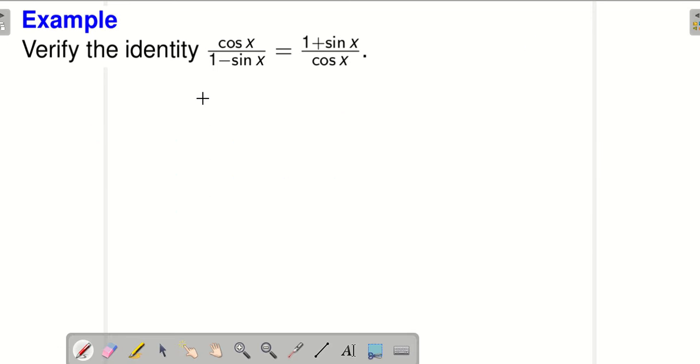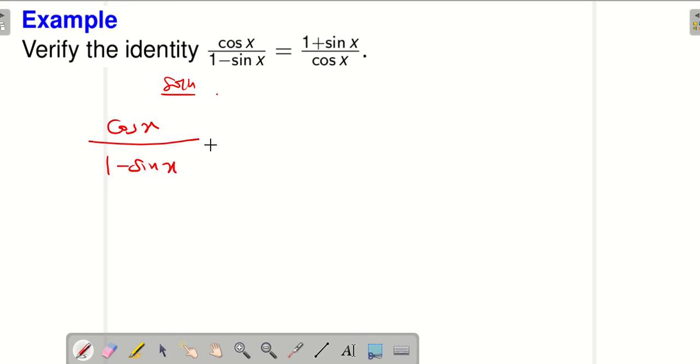Now let us try with the last example. Verify the identity. So here we can start with the very first one, cos x all over 1 minus sine x.